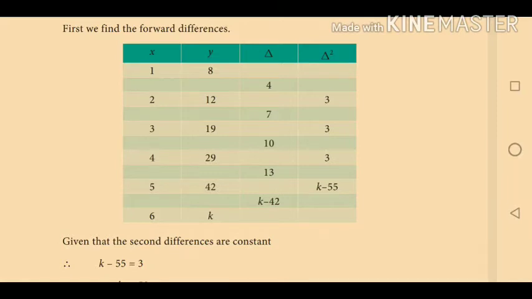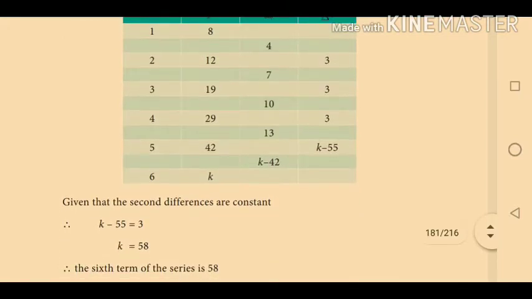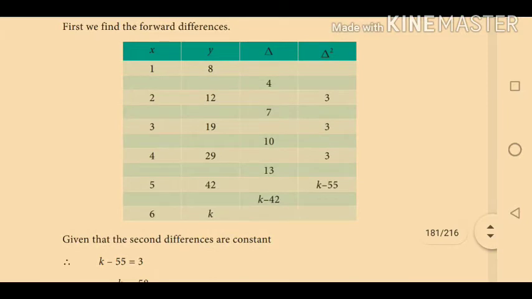Then the third column, delta y, is found by 12 minus 8, 4. 19 minus 12, 7. 29 minus 19, 10. 42 minus 29, 13. And k minus 42. Then delta square y, that is the fourth column: 7 minus 4, 3. 10 minus 7, 3. 13 minus 10, 3.